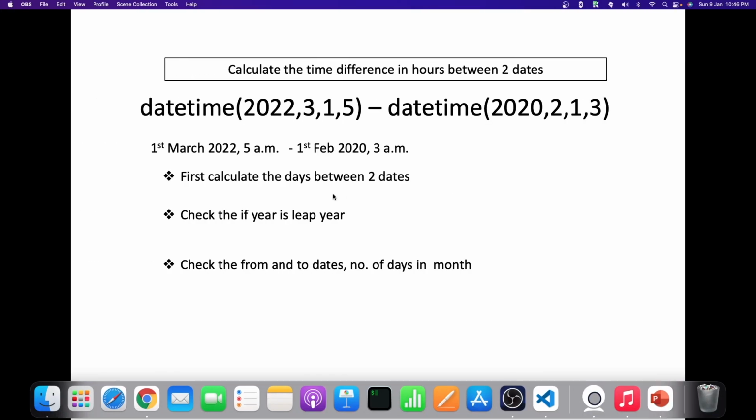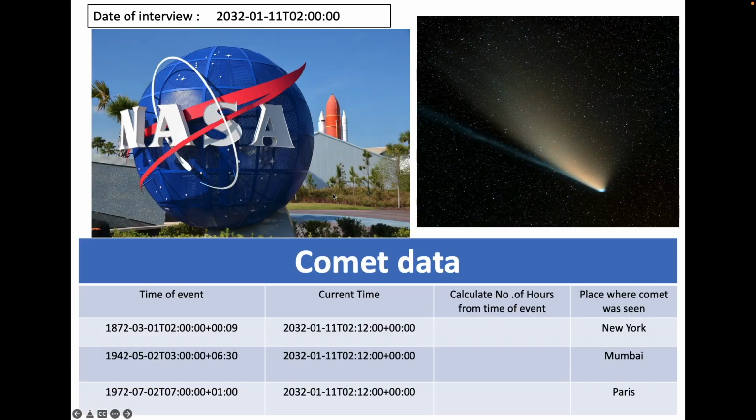Now let's move towards an even more complex problem. So let's say you are going to an interview at NASA, and there was a specific type of pattern of comets seen 3 times in history, and these are the times of the events and these are the places where that comet was seen. So this time of the event was registered as per their location time zones, and this is the current time.